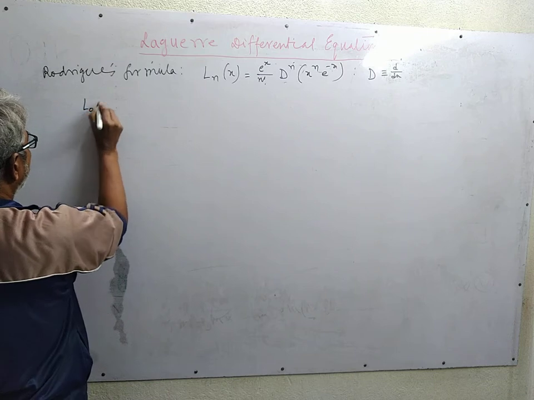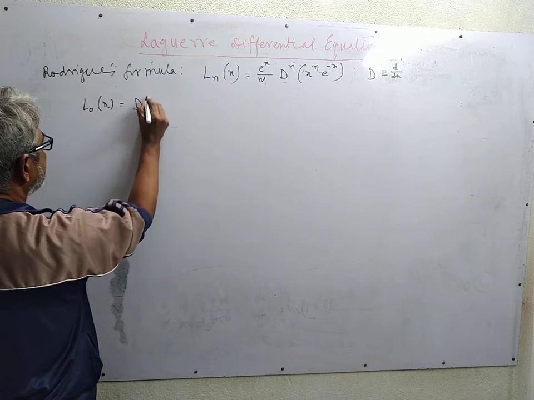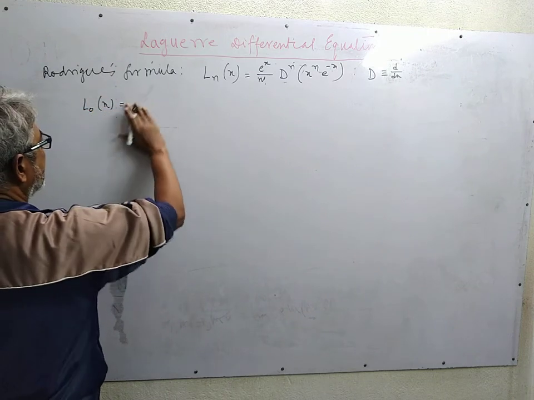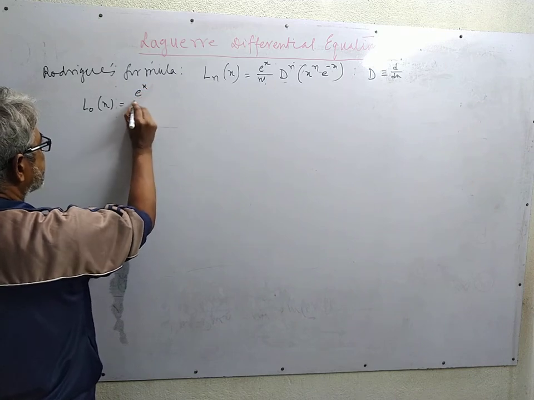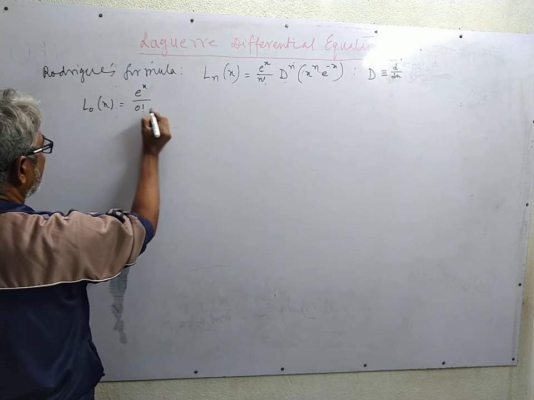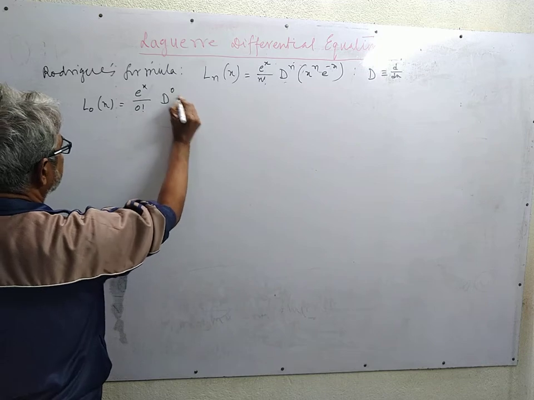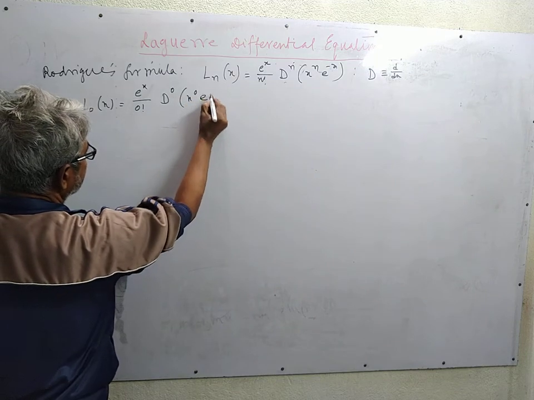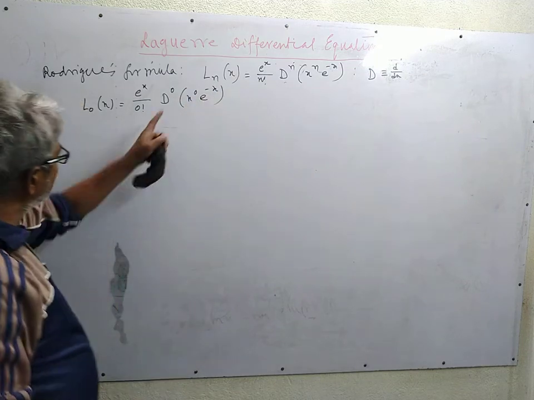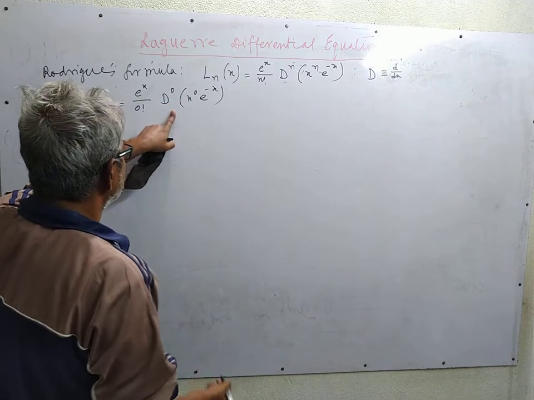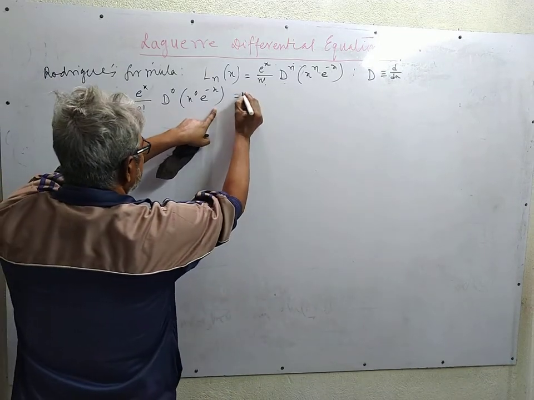L0 of x is equal to e^x by 0 factorial, d^0 of x^0 e to the power minus x. D to the power 0 means no differentiation, so this is 1.